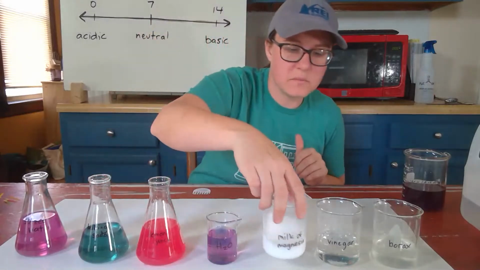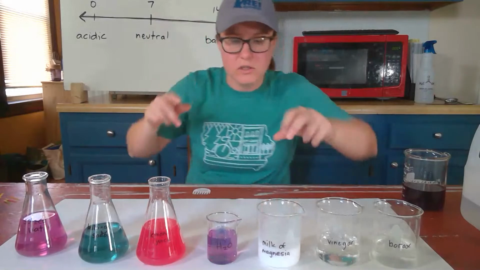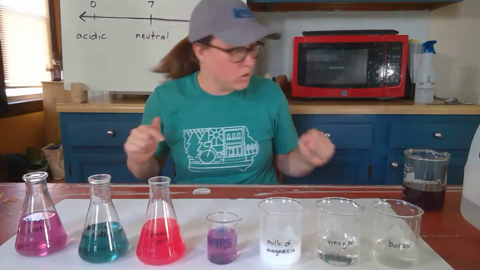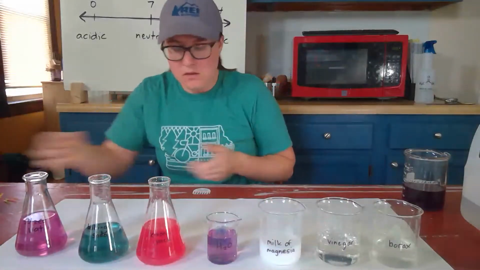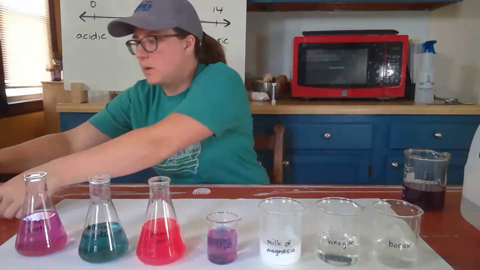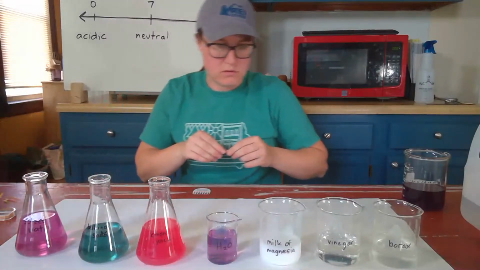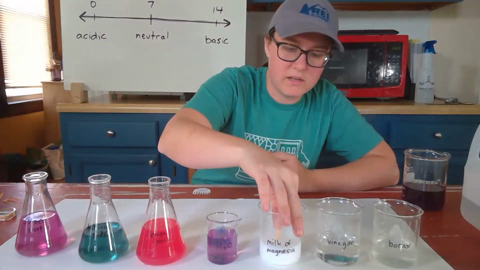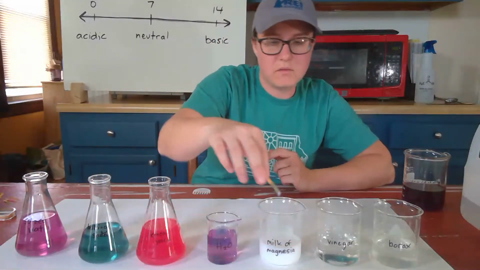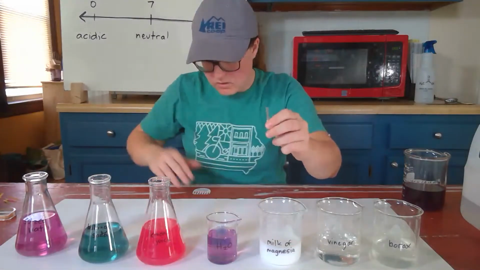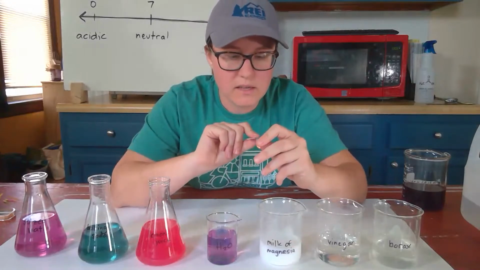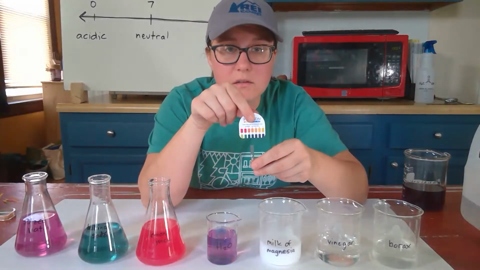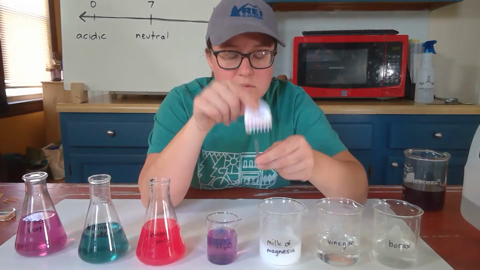Next, we have something called milk of magnesia, which is a natural base. Get some more pH paper out. Milk of magnesia is a base. So that one's got like a greenish color. I would say that's maybe at a 9 or a 10 on the pH scale.